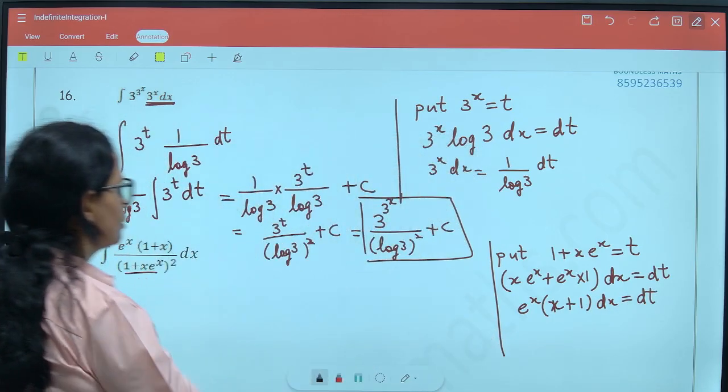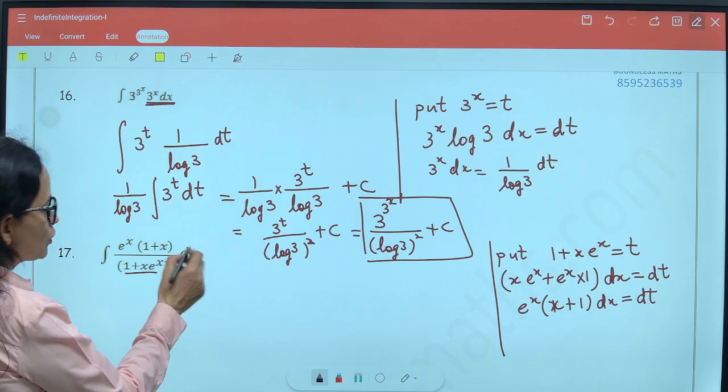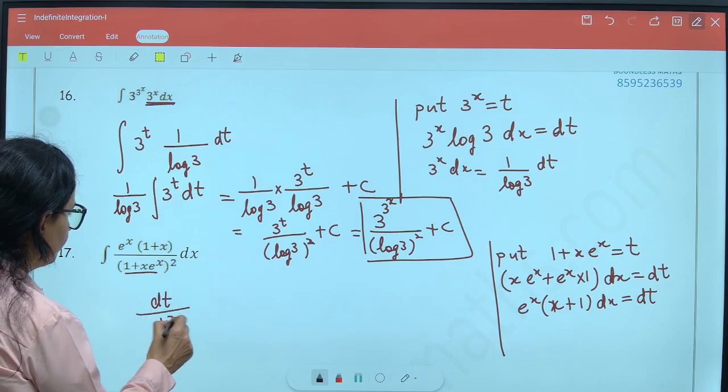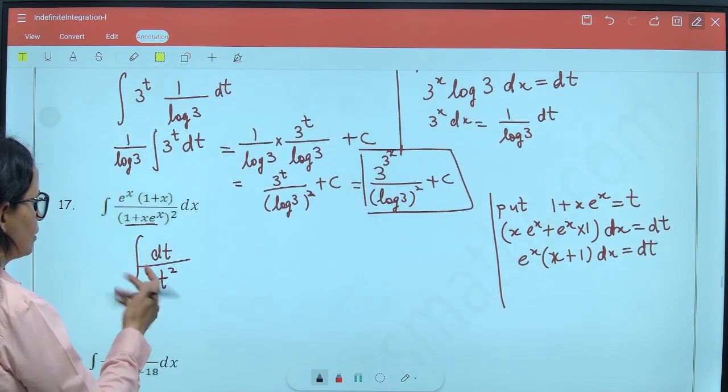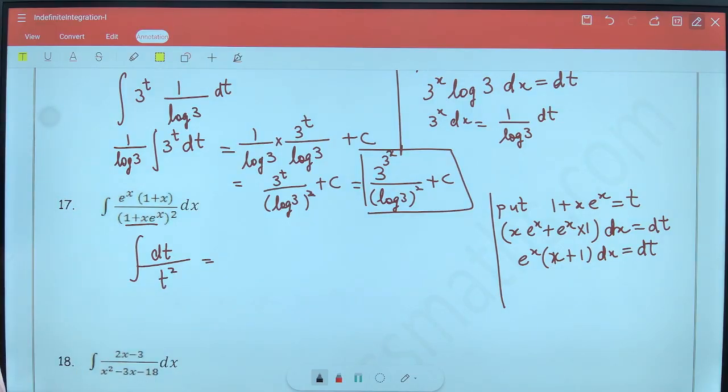Now in the question I have the exact numerator e raised to power x (1 plus x) dx, so I can replace it with dt, and in the denominator now I have t square. So this is my question now, which is easy to do. T raised to power minus 2. What is the integral of t raised to power minus 2?